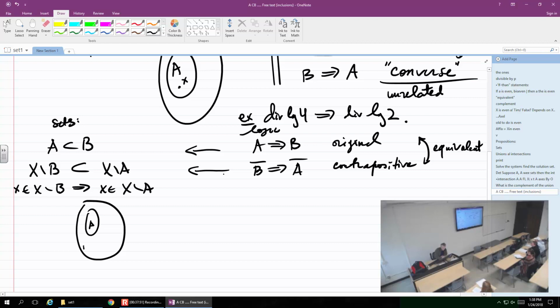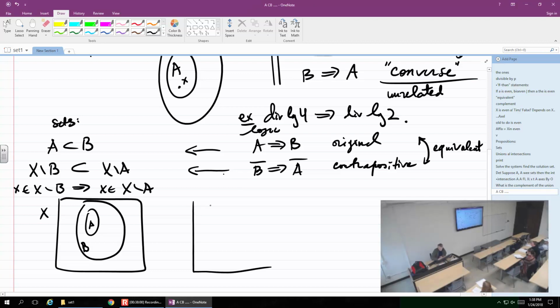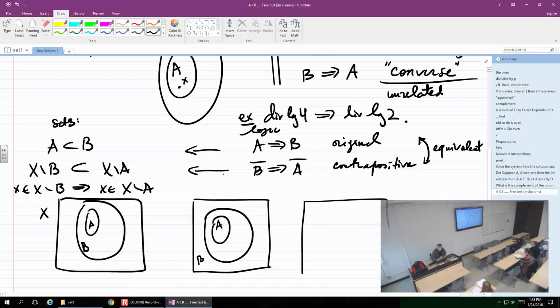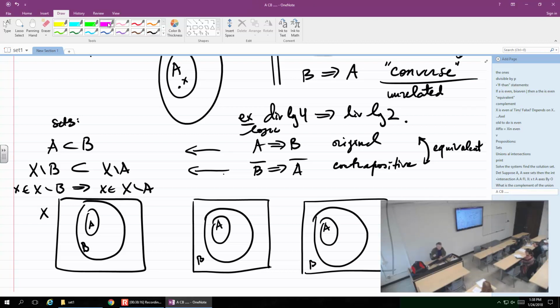So this is A and this is B, and this is X. Okay, so let's just plot. As you can see, big B is bigger than A. B, A. Okay, and one more time, B and A. Okay, let's plot the complement of B. The complement of B is this.